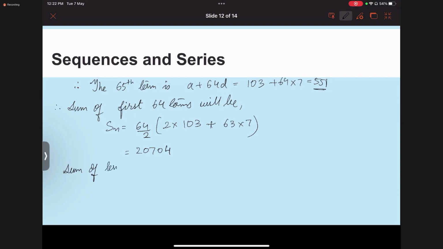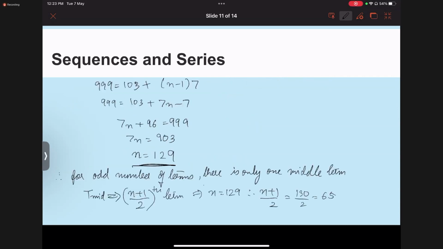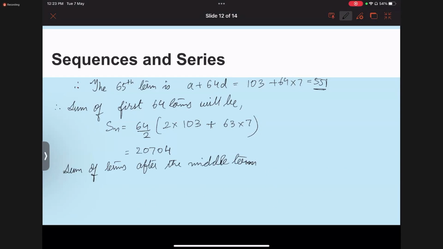Now we'll find the sum of the terms after the middle term. Now we know that n is equal to 129.